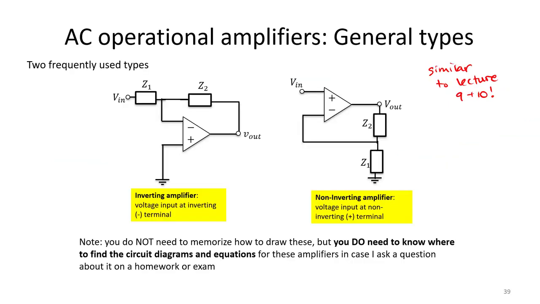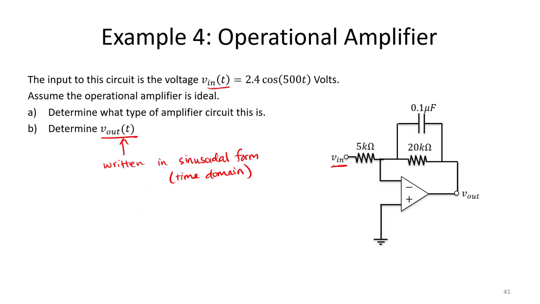Another trick is to look at where the voltage input is, and you can see that for the inverting amplifier, our voltage enters at the negative terminal. For non-inverting, our voltage input enters at the positive terminal. So, by the reasoning we discussed, we can conclude that this is an inverting amplifier.